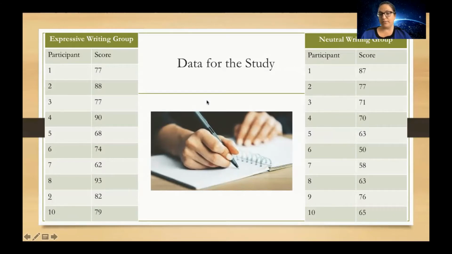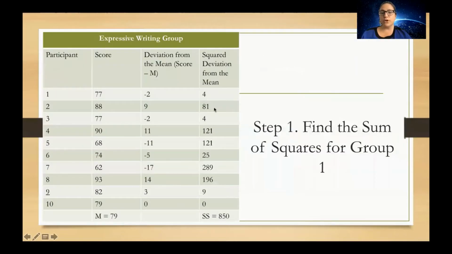The first thing you're going to do is find the sum of squares for the first group. To the left here, we have our expressive writing group. We have our participants, 1 through 10, and each of their scores, and we added all of those up and divided by 10 to find the mean of 79.